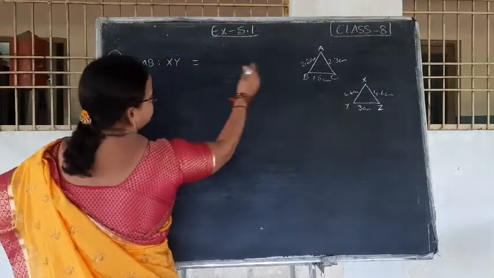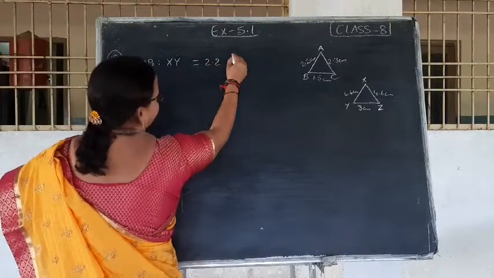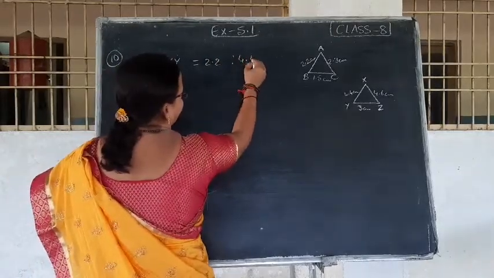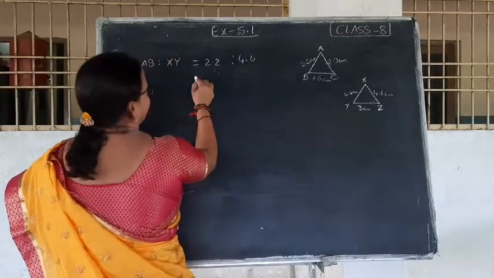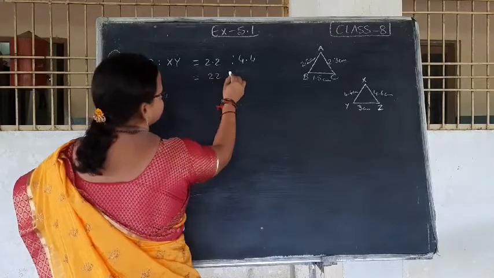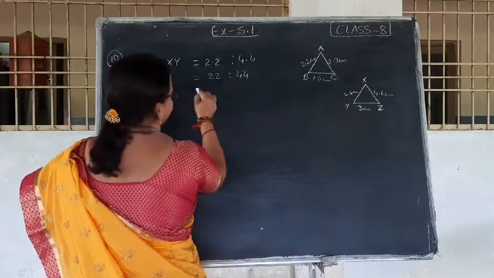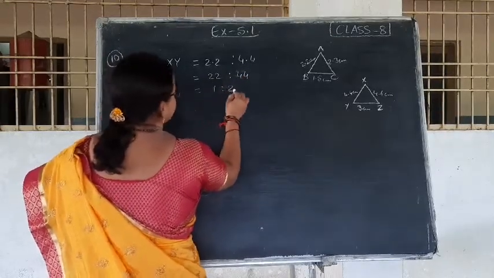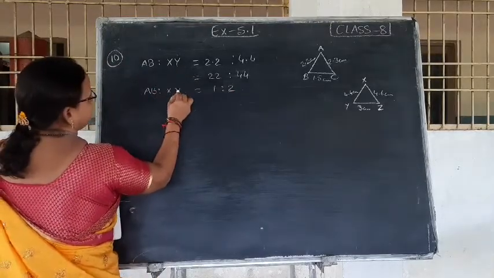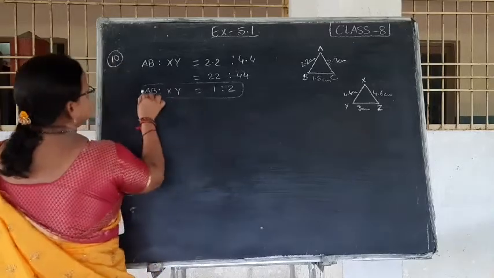So AB is 2.2 is to XY is 4.4. Each has one digit in the decimal part, so by removing the decimal you will get 22 is to 44. That is 1 is to 2. So AB is to XY is 1 is to 2.